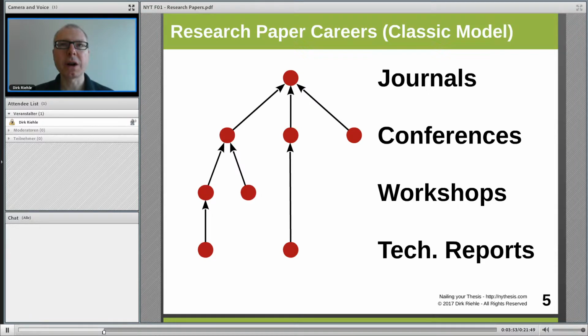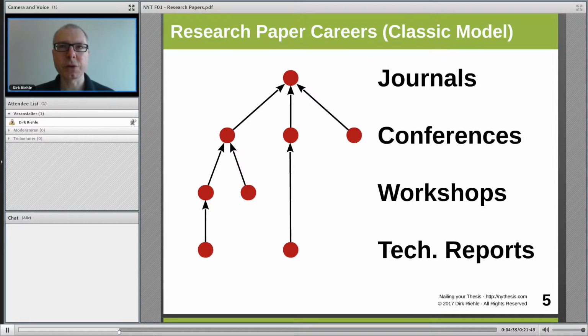There's a classic model of how not just one, but multiple research publications relate to each other. As your work matures, you may be refining and extending your work. So you build on prior work, and you might be creating a series of publications that all need to be different, so no self-plagiarism, but that are incremental in that you sharpen your results, you improve your results, you add additional data and experiments and insights, and in such a way that you end up with a journal paper summarizing all of your work.